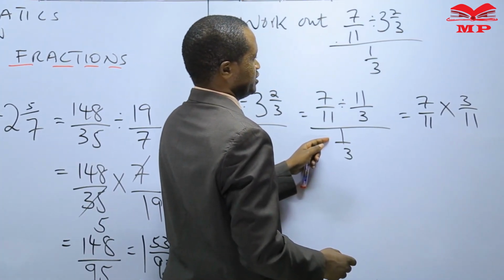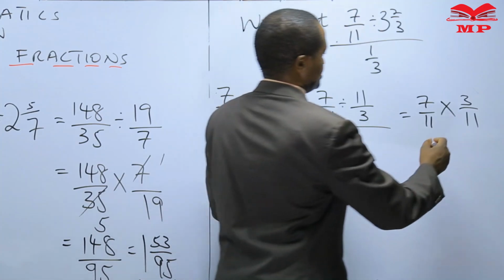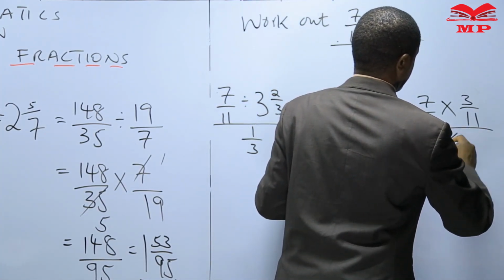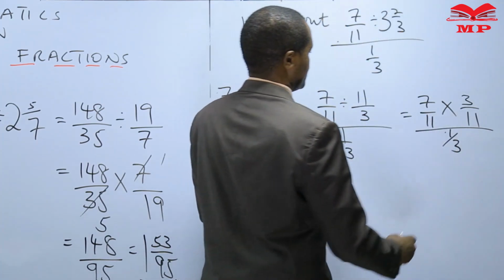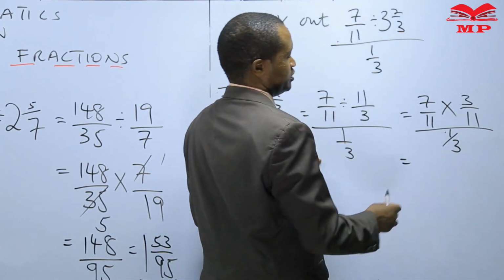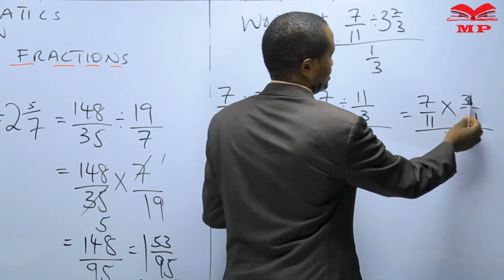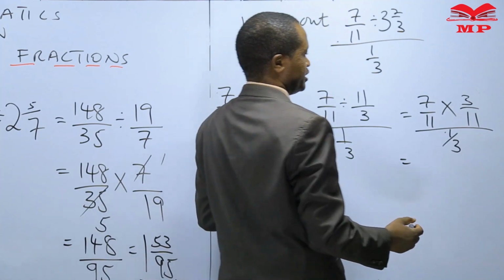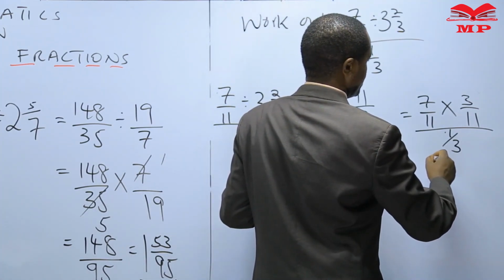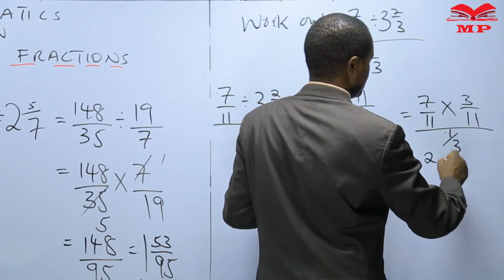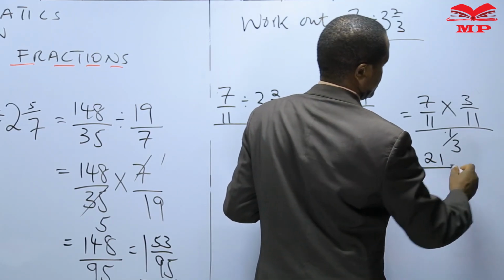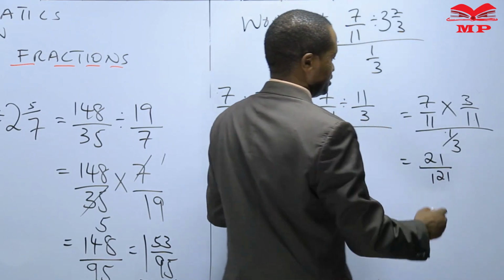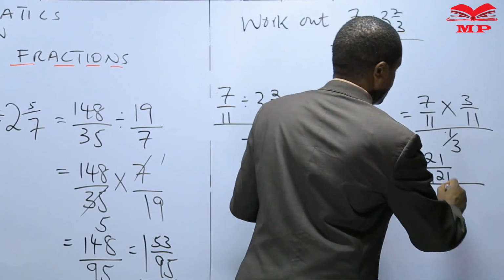Okay, 3 over 11 divide by 1/3. This will be equal to, we multiply the numerators. 7 times 3 is equal to 21 over 11 times 11 is 121 divided by 1/3.